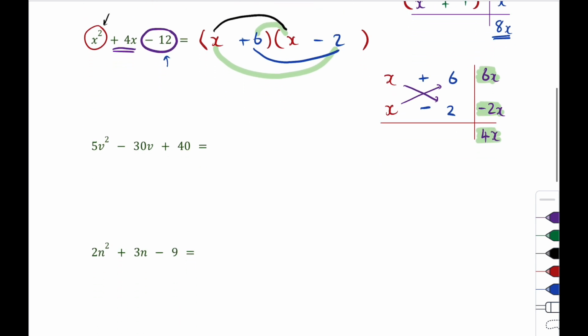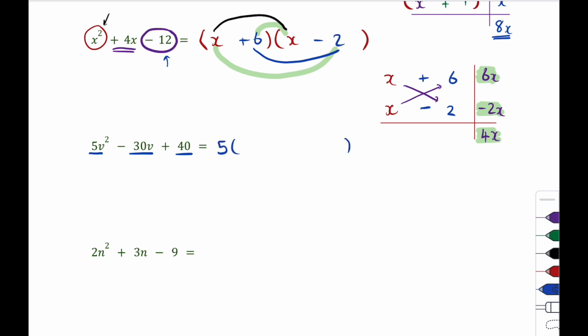I was saying before this that every time we factor, we should look for a common factor first. And that is exactly what I have here. I can see that there is a common factor of 5 that I can take out from each term.